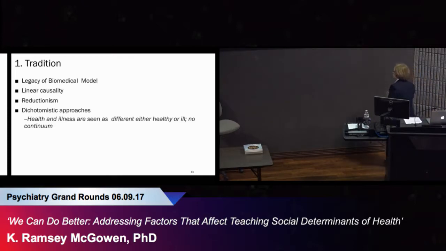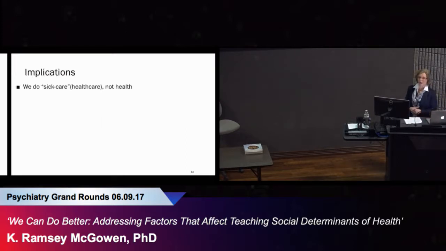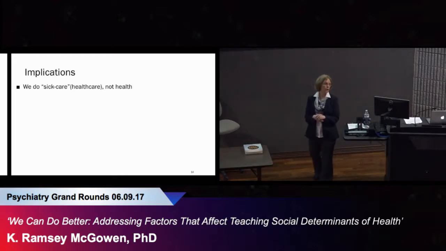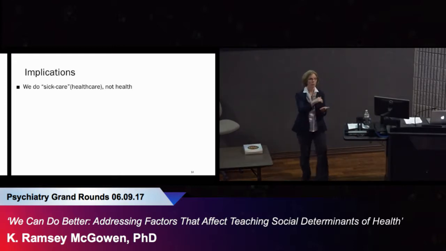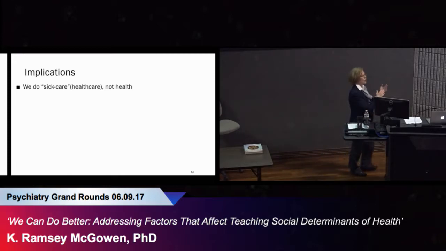That leads to seeing health and illness as polar opposites instead of on a continuum. The implication is that historically we have done sick care. We call it health care, but we really don't focus on health. We focus on disease and trying to repair the damage that's already there.